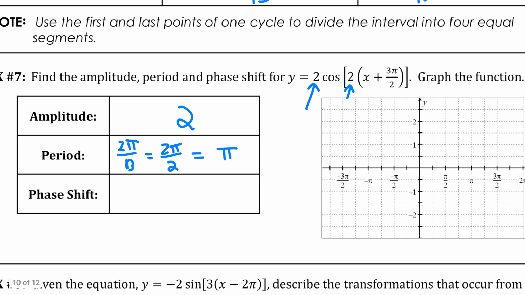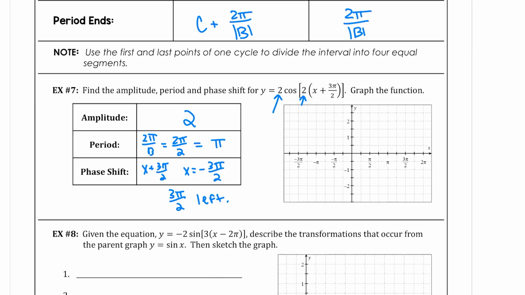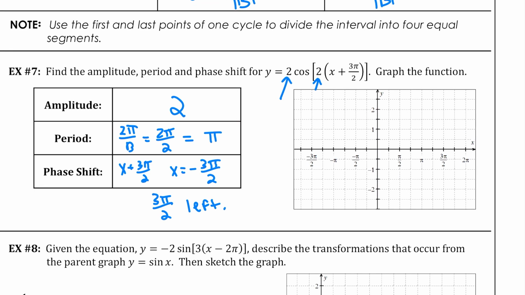And then our phase shift, we have x plus 3 pi over 2, which means our x is going to be negative 3 pi over 2. So technically that's 3 pi over 2 to the left. So let's graph it. And this is a cosine function.